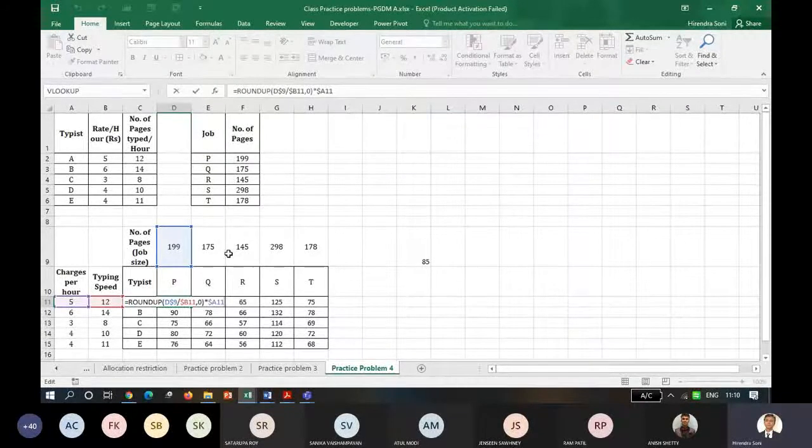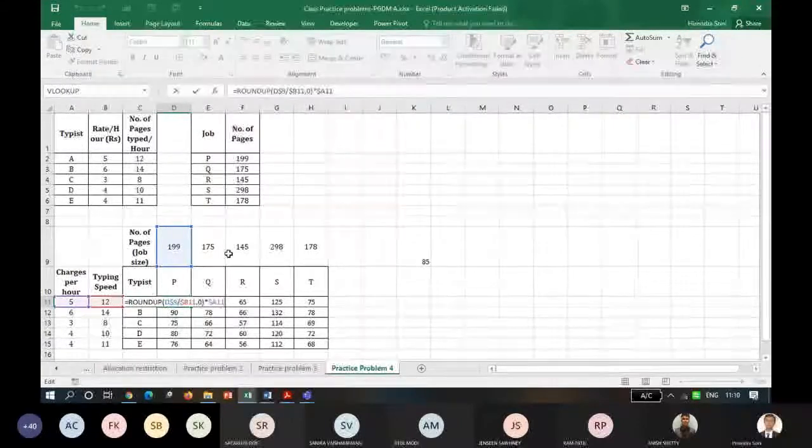In case if it would have been defects, किसका कितना डिफेक्ट्स आया, तो डिफेक्ट्स भी हम मिनिमाइज करते थे. यहीं पर अगर मान लो ये दिया होता कि आपको कितना प्रॉफिट होता या कितना रेवेन्यू आता इफ द जॉब P हैज बीन गिवन टू टाइपिस्ट A, इतना रेवेन्यू आता. ओके, डिपेंडिंग अपॉन द क्वालिटी ऑफ द वर्क डन बाय देम. सो दिस वुड हैव रिफ्लेक्टेड रेवेन्यू टेबल. देन ऑब्जेक्टिव वुड हैव बीन मैक्सिमाइजेशन. सो आप फिर इसको इन्वर्स करते थे और फिर दैट इज अपॉर्चुनिटी लॉस मैट्रिक्स क्रिएट करते थे एंड देन यू वुड हैव वर्कड आउट. फाइन.